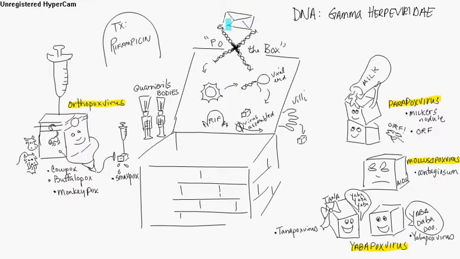It's an enveloped, linear double-stranded DNA virus. So pox, the box. This is the box. It's got brick-shaped virions, so it's a brick box. Replication takes place in the cytoplasmic factories, and this is visible as acidophilic Guarnieri bodies.